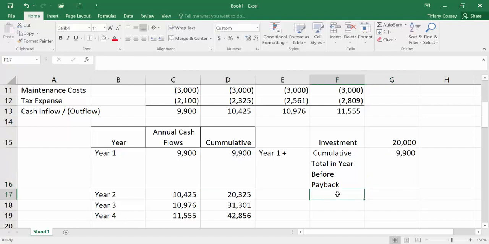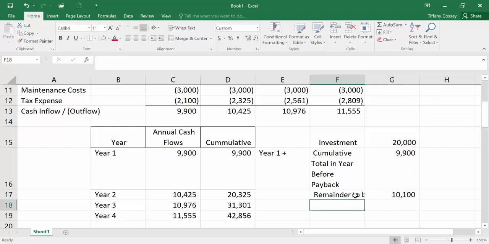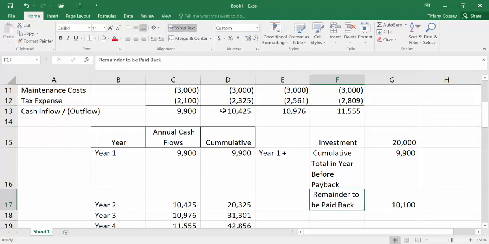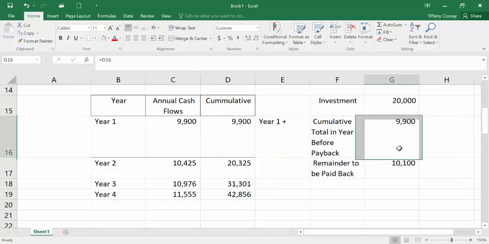The difference is the remainder to be paid back. Okay?